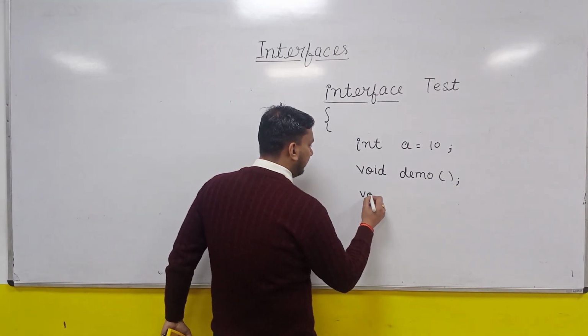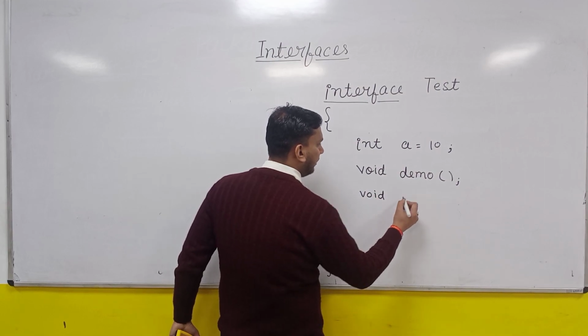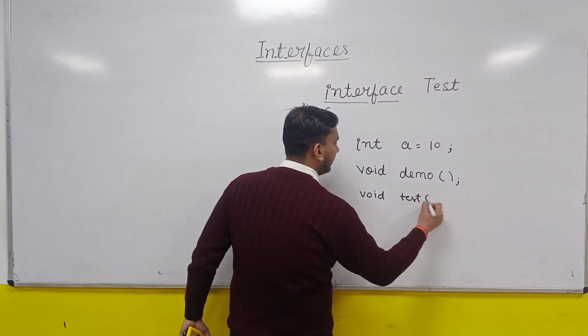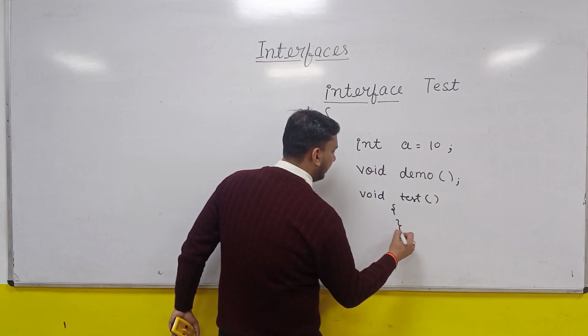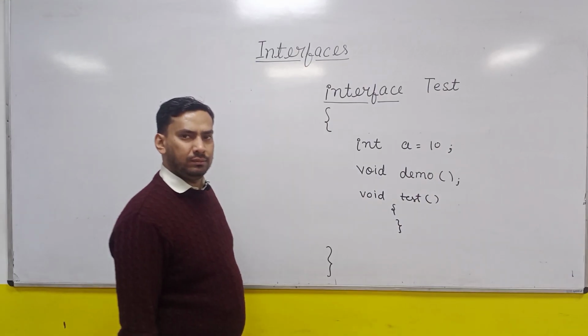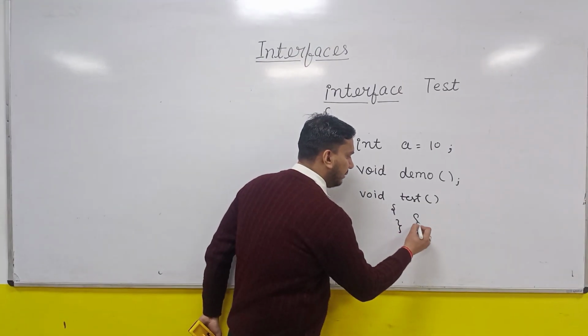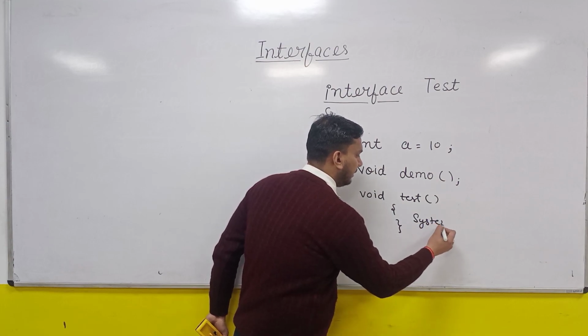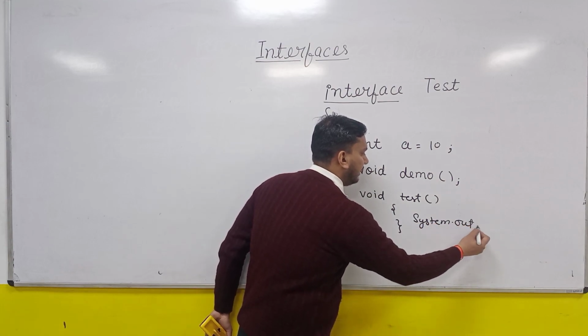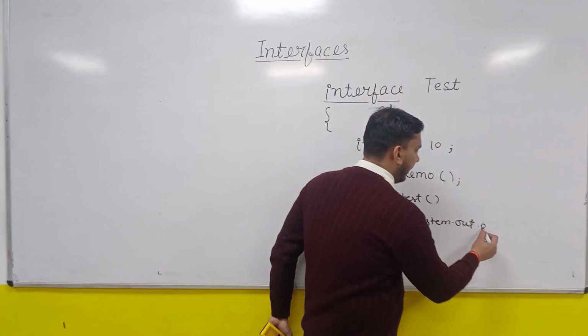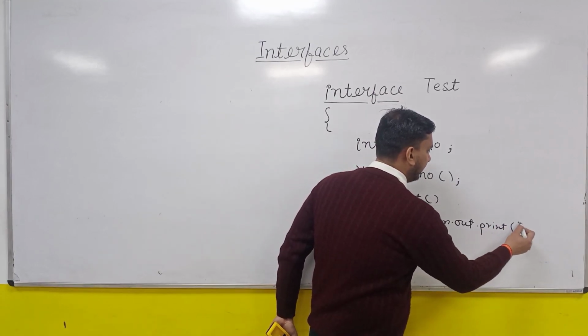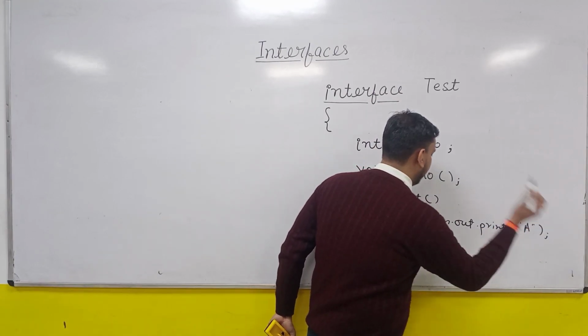Let's say I am writing one method, void test, and I am saying it will be having the body. So yes, implemented methods can be there inside the interfaces now in JDK-8 and later versions. Something like this.